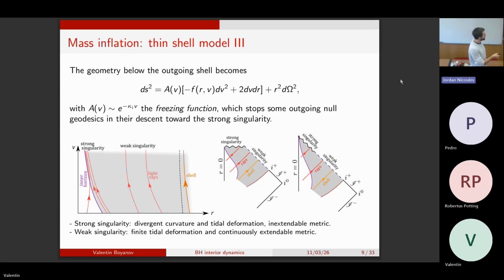In the shell model, it's null, but it's also true that the shell model is not fully generic because I only put a single outgoing shell, which leads to a single exponential amplification of the mass and the curvature in the interior region. And if you put multiple outgoing shells, you can actually get a further exponential amplification of the effects. So you can get stuff like the exponential of an exponential.